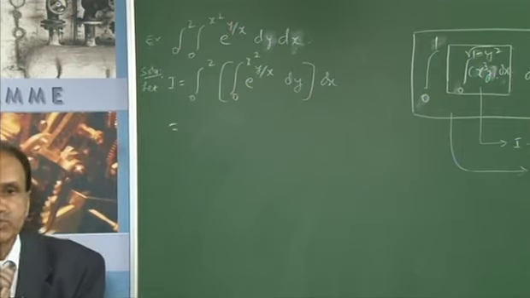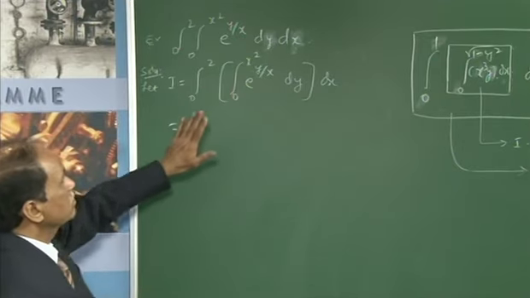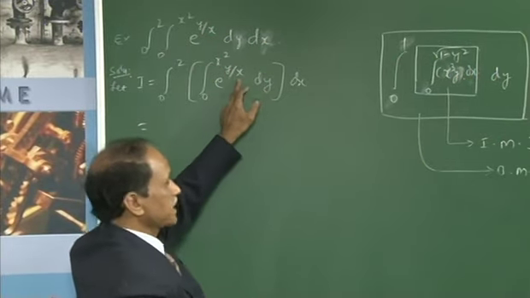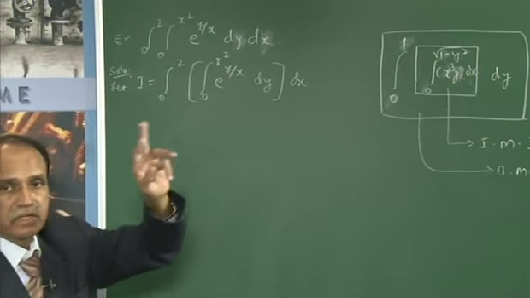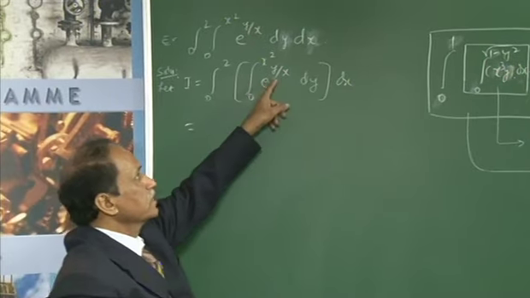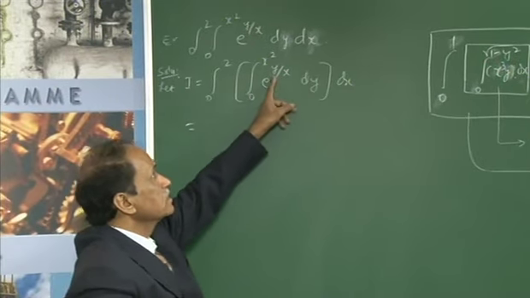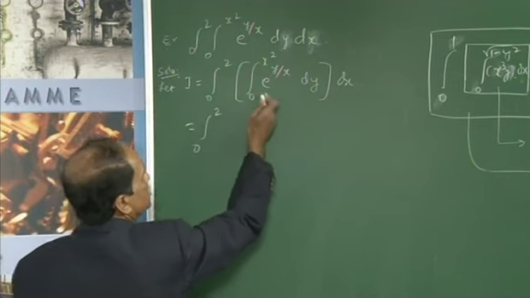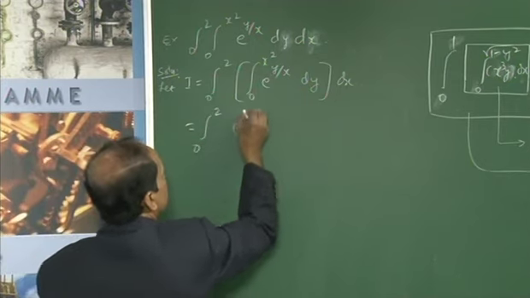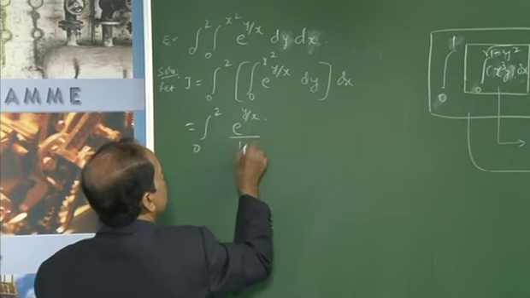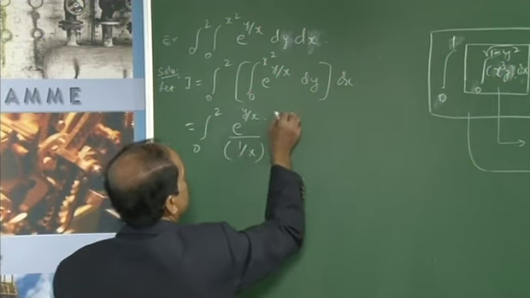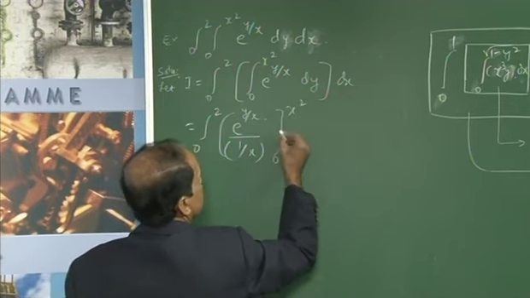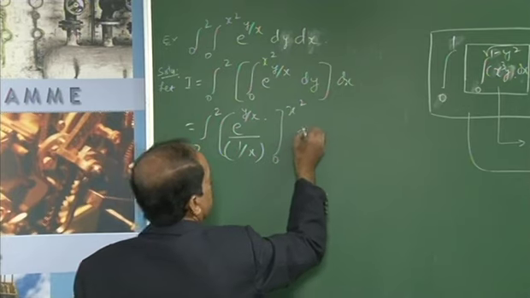This is the ratio y by x. In this ratio y by x you have to consider very carefully that your variable is y but not x. I repeat this, your variable for the integration for the innermost part is y but not x. Therefore, 0 to 2 should be with respect to y, meaning e to the power y by x divided by 1 by x, and this will be under the limits 0 to x square and dx.